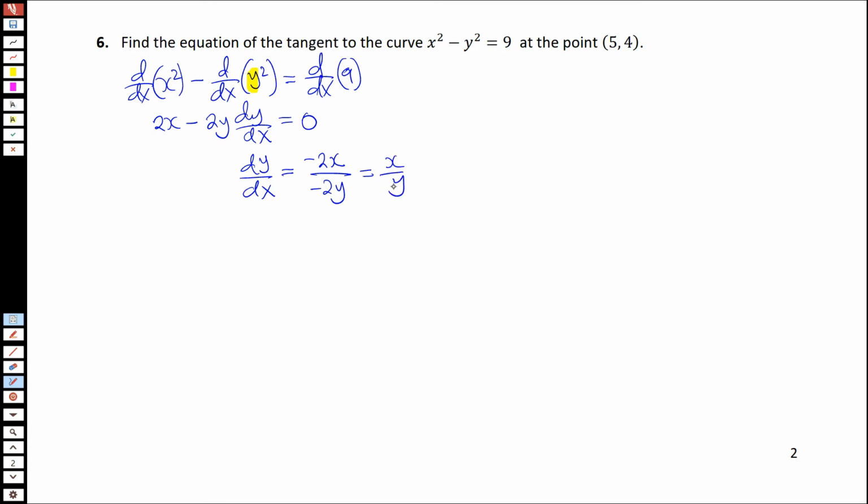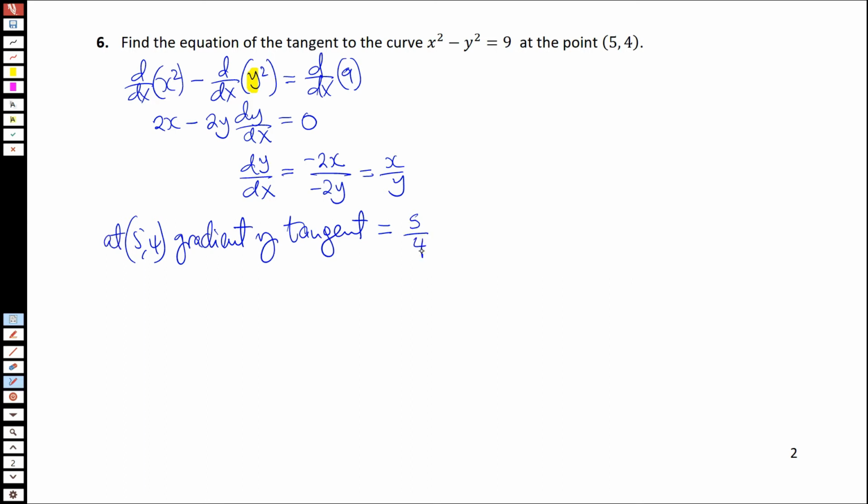Which means that we can find the gradient of the tangent at (5, 4). So at (5, 4), the gradient of the tangent will be equal to 5 over 4.